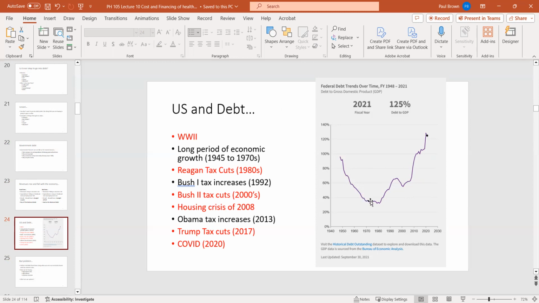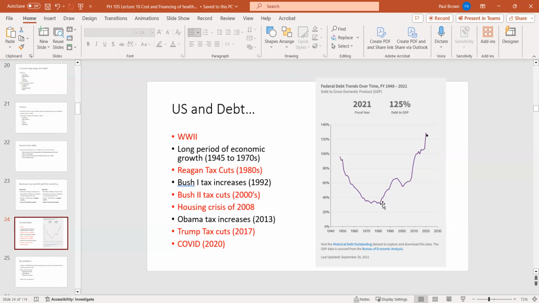The reason it was going down so much in this period is because inflation was so high. Inflation in the 1970s was really, really high. And when inflation is high, it means that what the government owes becomes less. So for example, if you owed $100 and suddenly inflation went rampant, that $100 that you owe would not be worth very much.